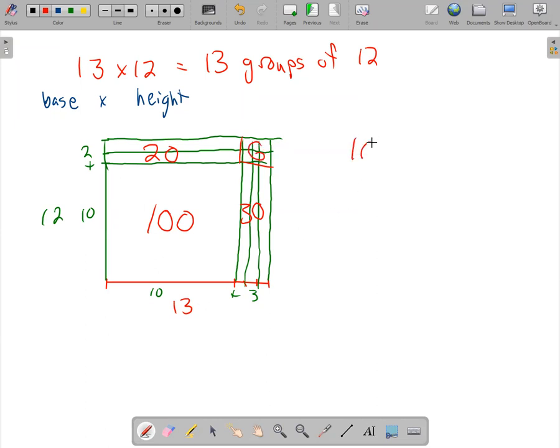So my answer is 100 plus 30 plus 20 plus 6, which is 156. So this right here is the result of multiplying 12 by 13. Didn't we do something like that with addition before? Remember that? Expanded addition? So from the picture, I can get this expanded multiplication algorithm.